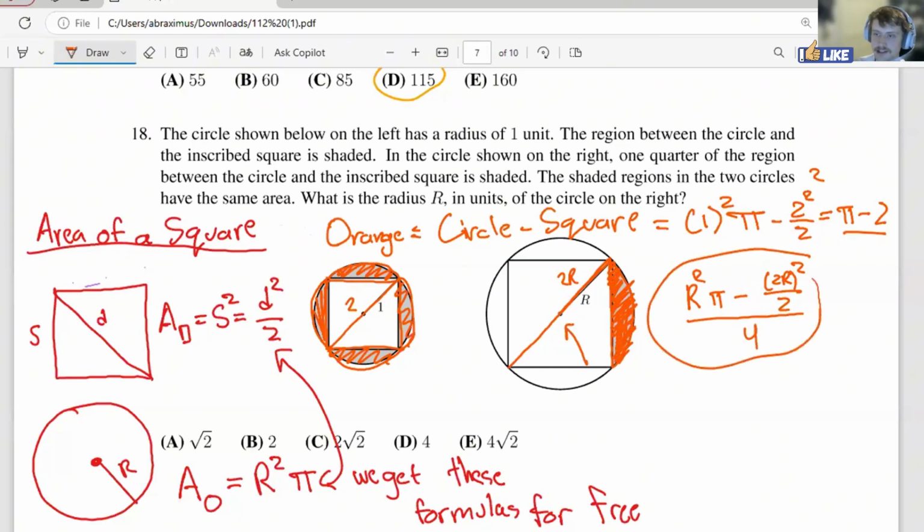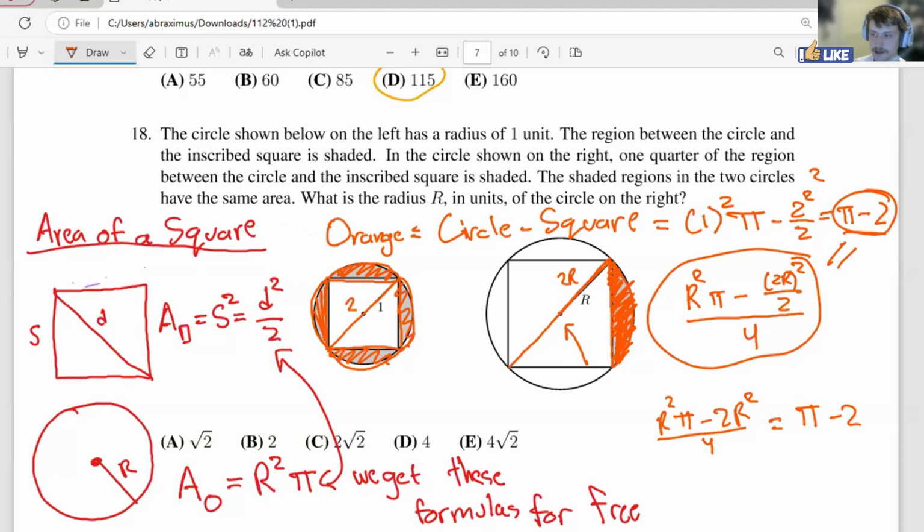But they told us that this thing was equal to this thing. I'm going to rewrite this so it's a little bit nicer. We have r squared pi minus 2r squared over 4, and that is equal to pi minus 2.